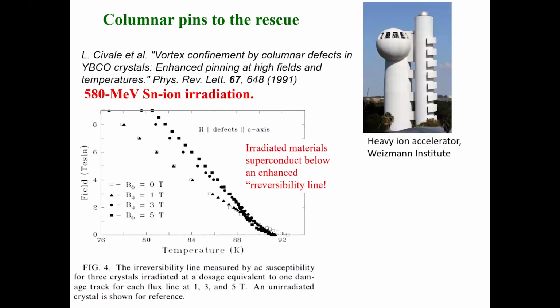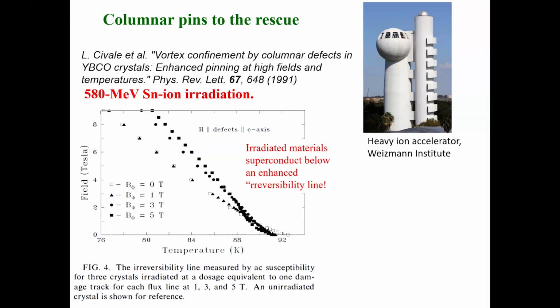So you take this little superconducting sample, maybe a millimeter square, and you put it in this thing. This is like an 8-story building at the Weizmann Institute. And in this direction, they accelerate charged tin ions up to 580 million electron volts.